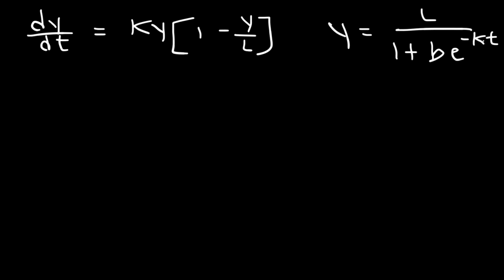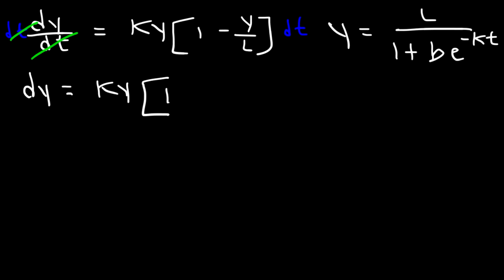Well, the first thing we need to do is multiply both sides by dt. That's the first step. So dy is equal to ky times 1 minus y over L times dt.